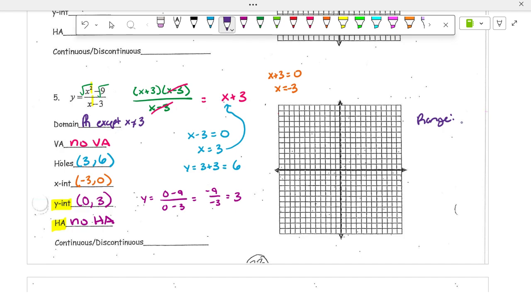Range will be what? All real numbers except what? Not x. y cannot equal what? Six. That's the y value of the hole.